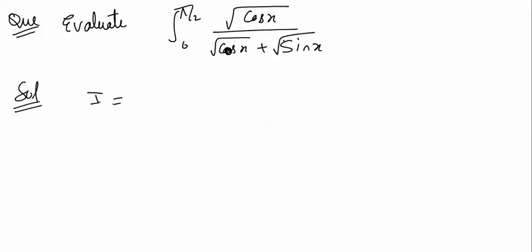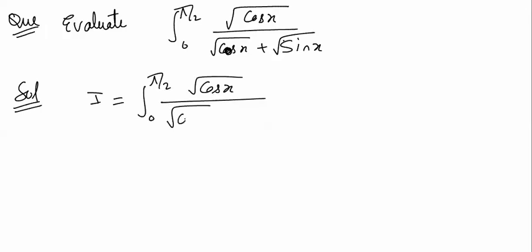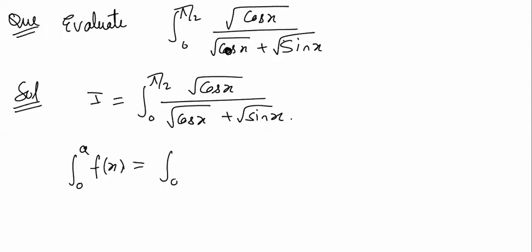Let us say we represent this as under root of cos x upon under root of cos x plus under root of sin x. We'll use a property here. The property says that integration 0 to a of f(x) is equal to integration 0 to a of f(a minus x).